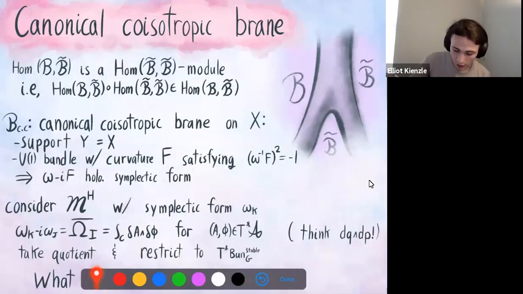This is just the integral of the connection A wedge with the Higgs field, where these are considered as points in the cotangent space of connections. This is the canonical symplectic form associated with a cotangent bundle. This is just dq wedge dp.